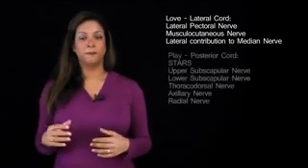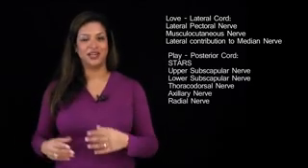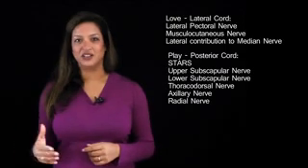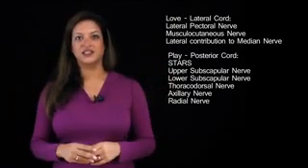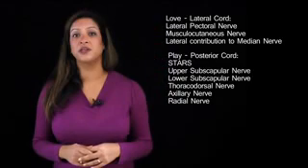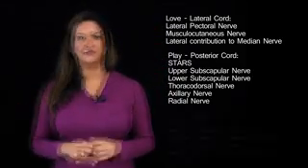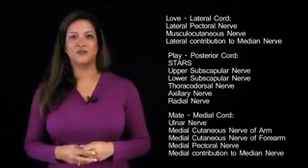The next one, play, P for posterior, has 5 branches. The mnemonic here was STARS. Begins with an S, ends with an S. So that's the upper and lower subscapular nerves, the thoracodorsal nerve, the axillary nerve, and the radial nerve. The medial cord, if you'll remember, also has 5 branches.